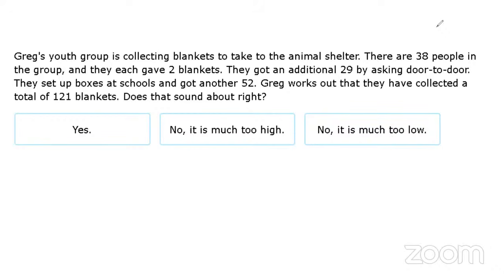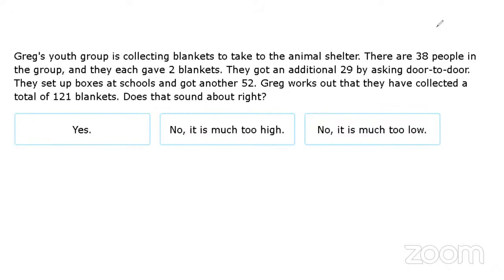All right, go ahead and do your calculation with the information presented here. Greg's group is collecting blankets for the animal shelter. 38 people are in the group, and each of the 38 people gave 2 blankets. Think about this step by step. Each gave 2 blankets.